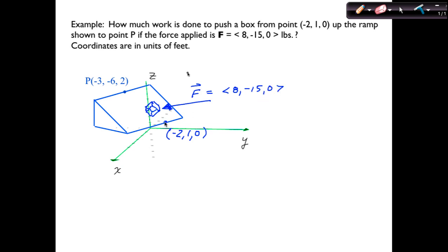And my displacement vector would be like this. So I'm going to need to find the angle between those two vectors, right?